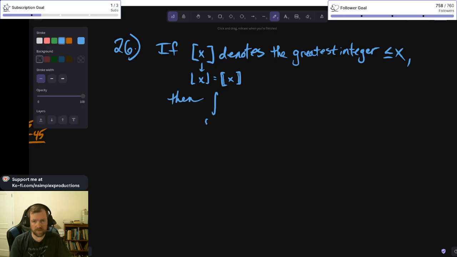Then the integral from 0 to 7/2 of the greatest integer function of x dx is going to be equal to what?